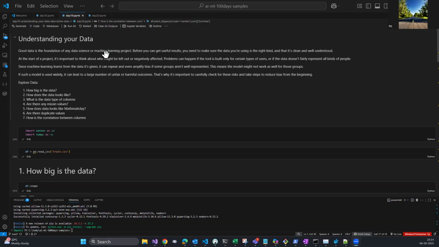Hello. So far we were understanding how we can fetch data from different sources, either web, personal computer, or any database.